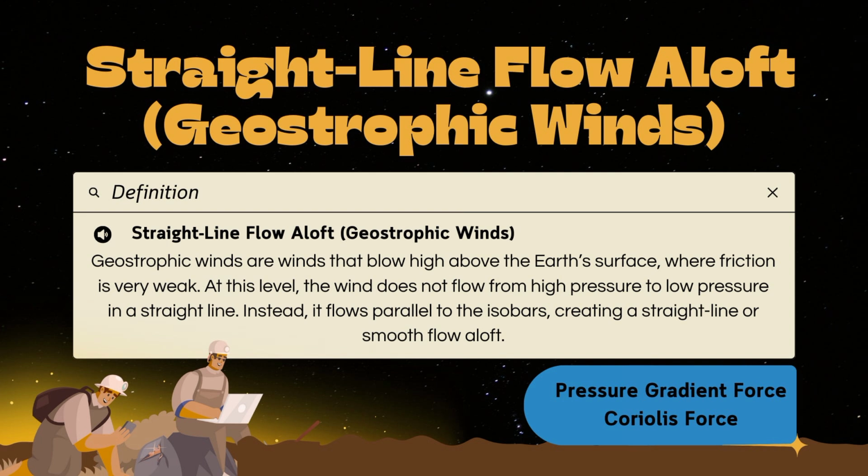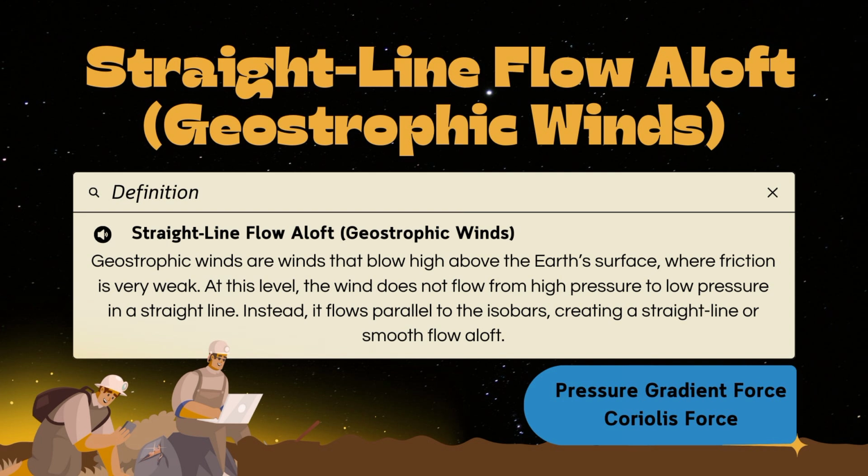The key characteristic of geostrophic winds is that they flow parallel to the isobars. The flow of the isobars they follow is nearly straight.